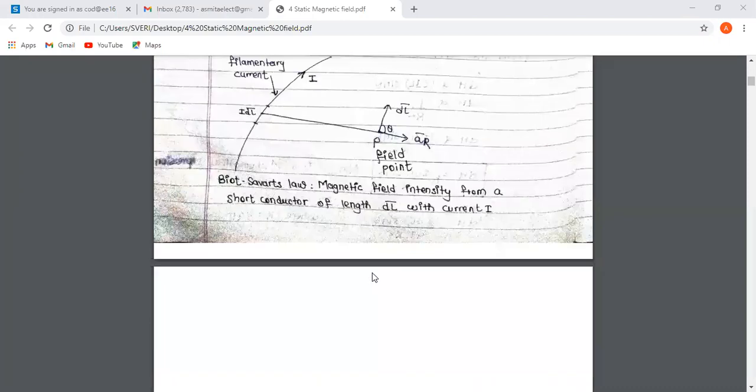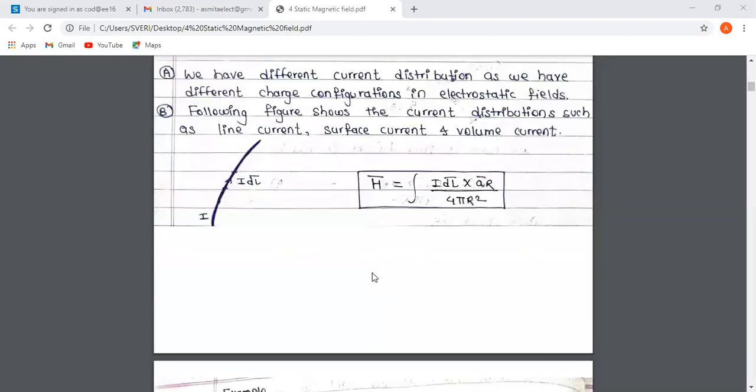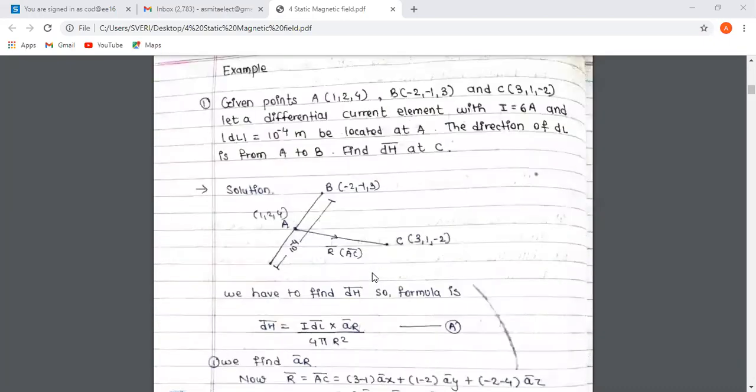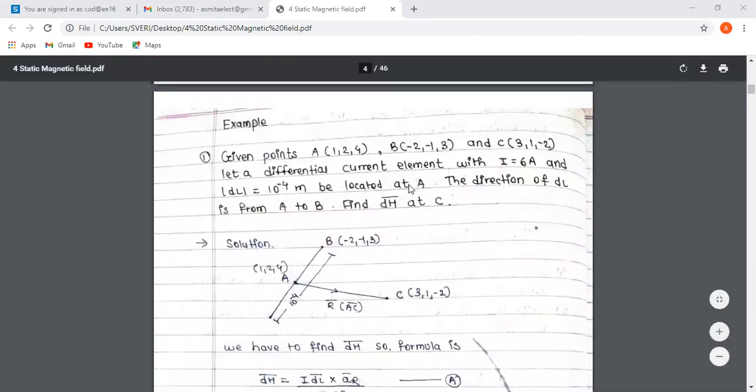It is an important question, so don't neglect it. The next point is one example. These examples are also very simple. You'll easily get marks if you understood the first chapter, that is vector analysis.